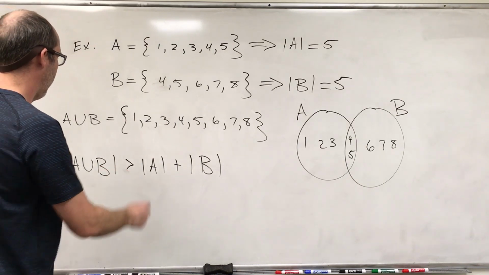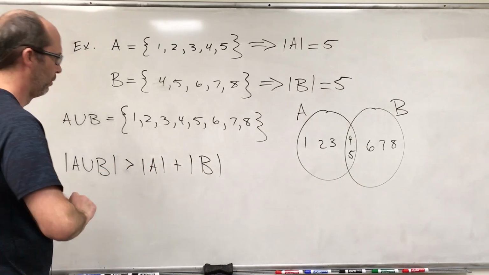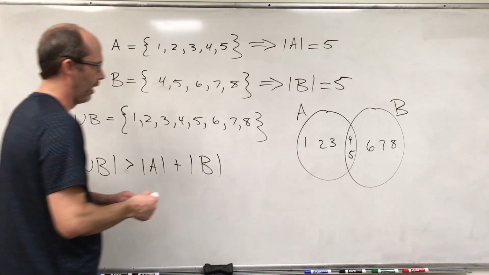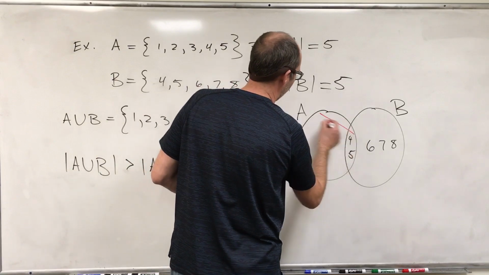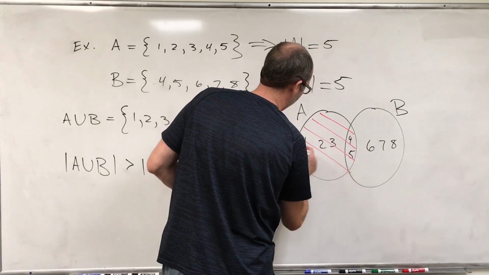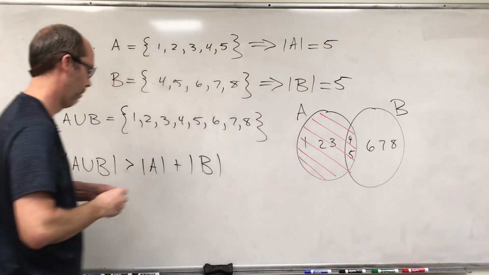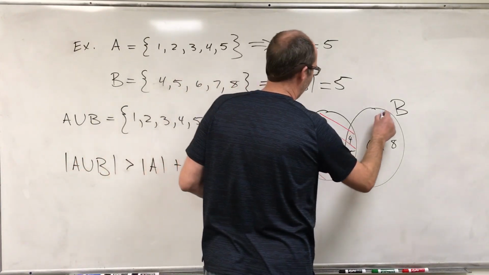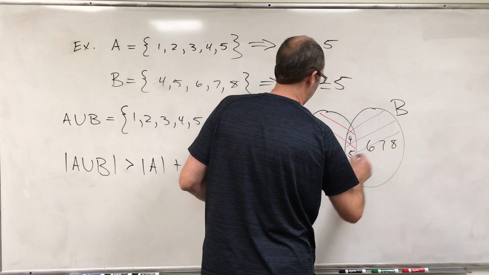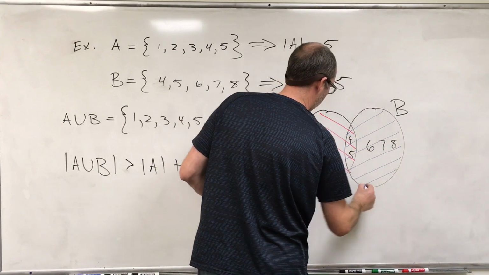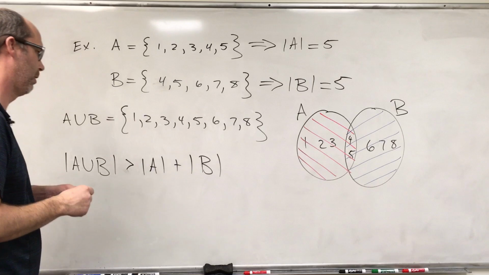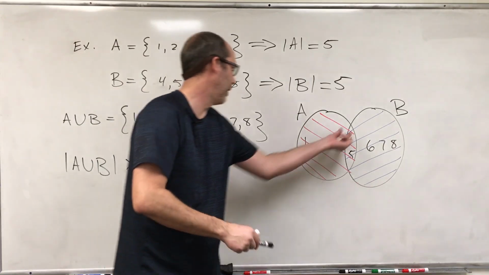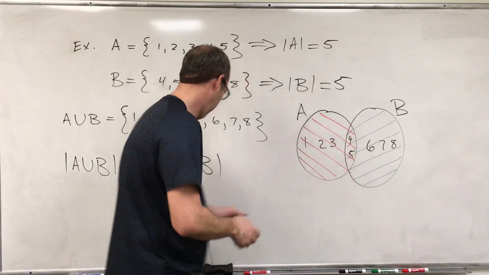Think about what this counts. The cardinality of A counts all of this, and the cardinality of B counts all of this. So the cardinality of A plus the cardinality of B counts the intersection twice.